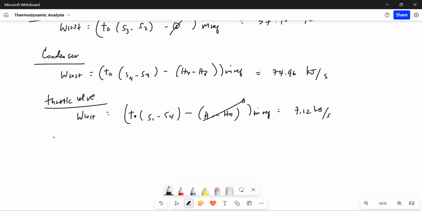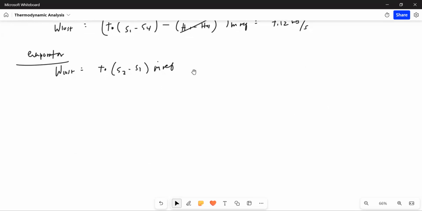And finally, the evaporator. Here there's heat exchange, so there are two streams that you have to consider. The first is the refrigerant stream, so that's S2 minus S1 times T naught times the mass flow rate of the refrigerant.